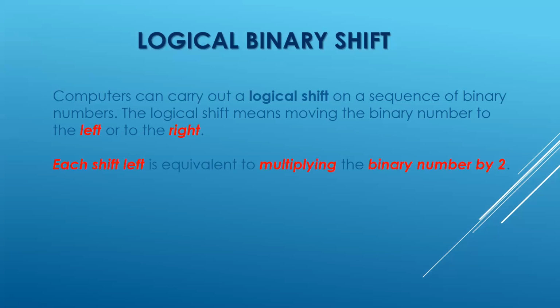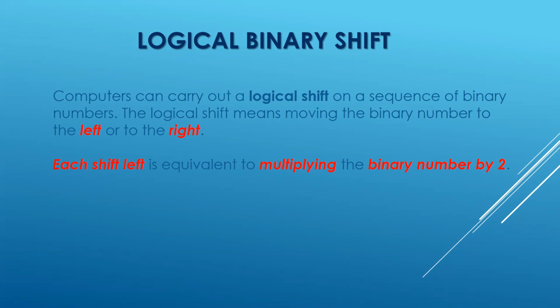This is what we are learning. And you can see here, each shift left, each one shift, two shift, three shift. That is what is being meant here. Each shift towards the left-hand side means the binary value will be multiplied by 2. If it's shifting left twice, it means it will be multiplied by, what do you think?